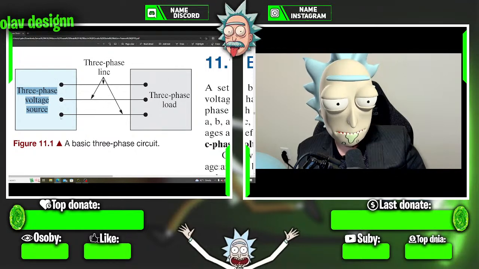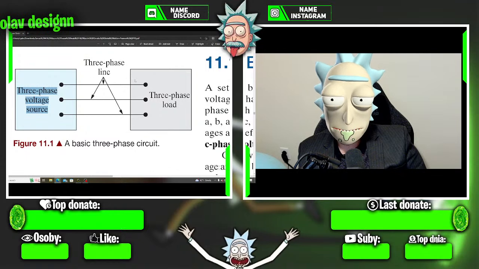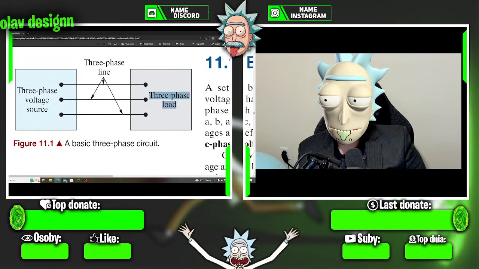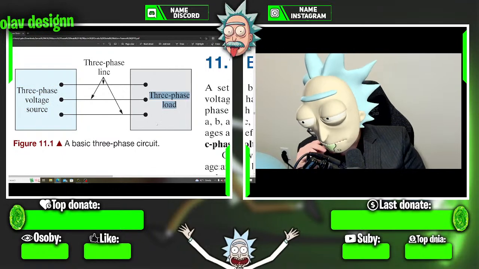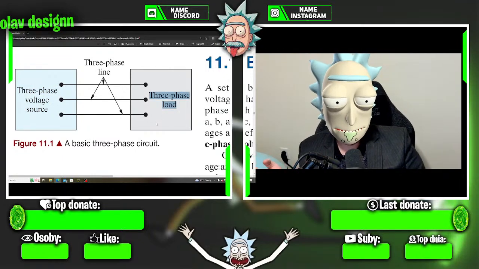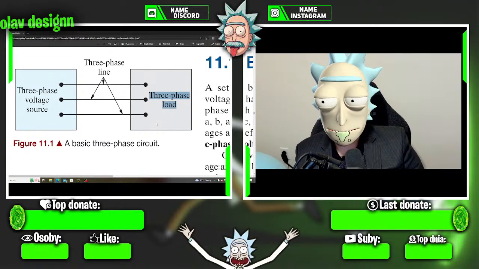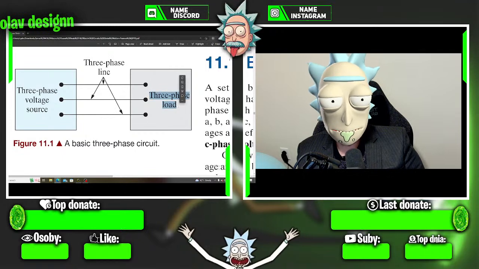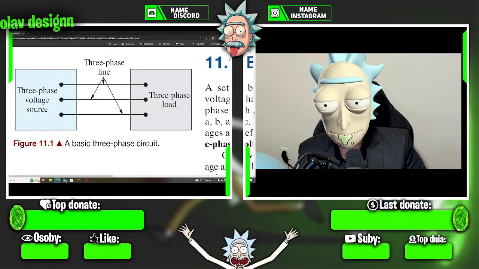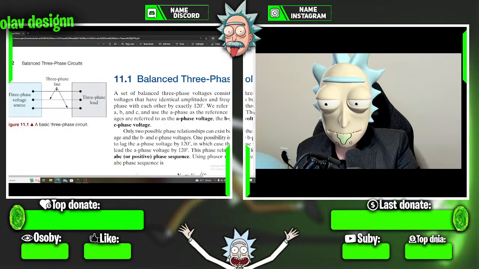Each one is distributing power, and every current in these lines is based off of these three-phase voltages. Then the load also must be three-phase, because if my source is three-phase and I want to get all that power, I'm going to have a three-phase load, so either a Y or a delta.